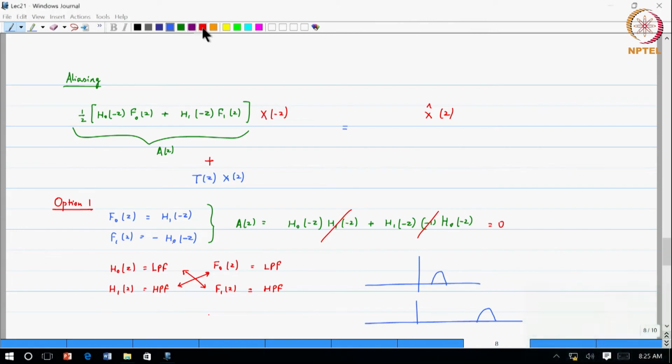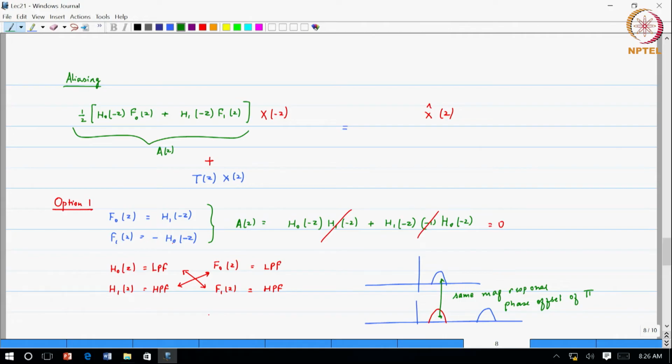On the other hand, I can cancel these two if I ensure that their magnitudes are the same and they have a phase. So, basically between these two, if they have the same magnitude response and a phase offset of pi, then I can actually cancel the two spectra.